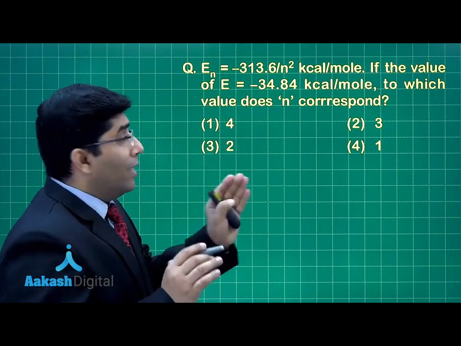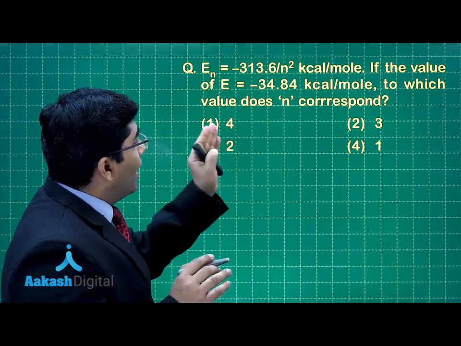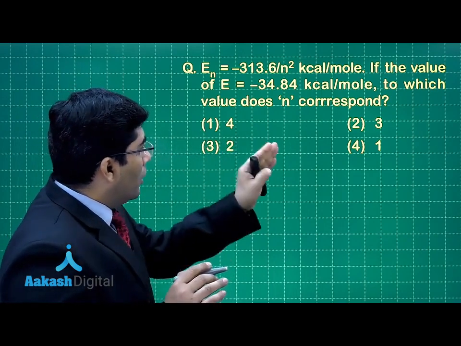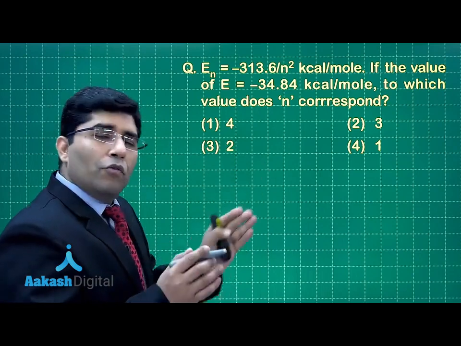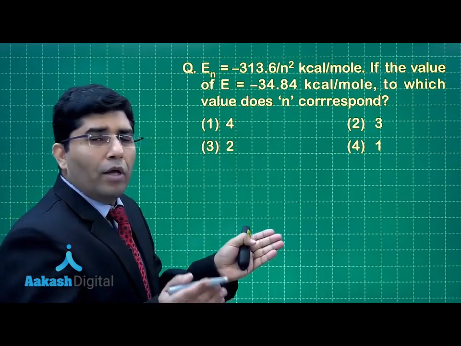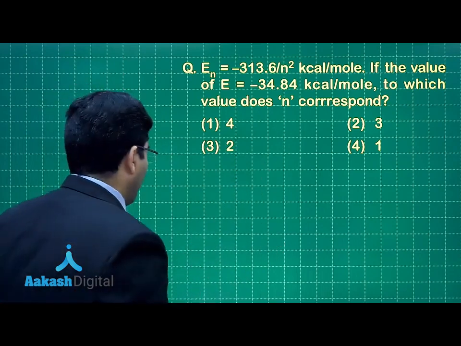Now he is asking to which value n corresponds: 4, 3, 2 or 1. Four options are given, and we have to find out the answer. Let's solve the problem.